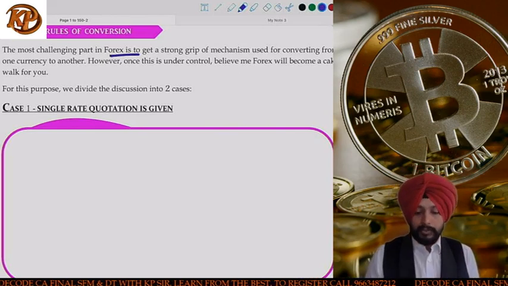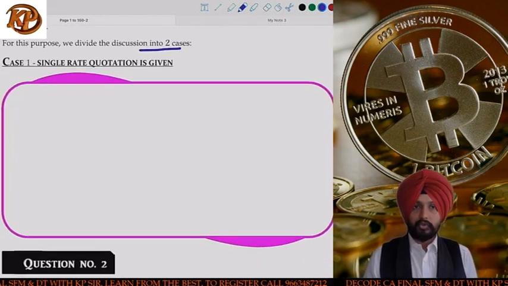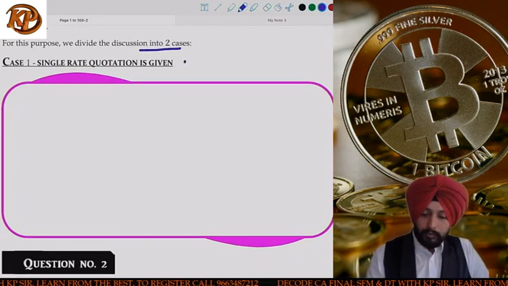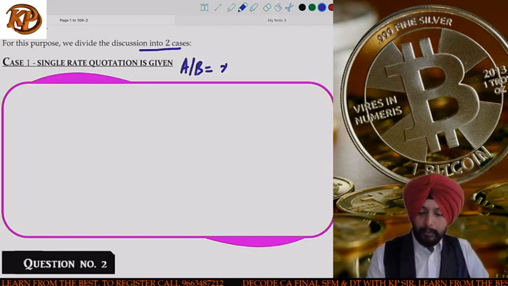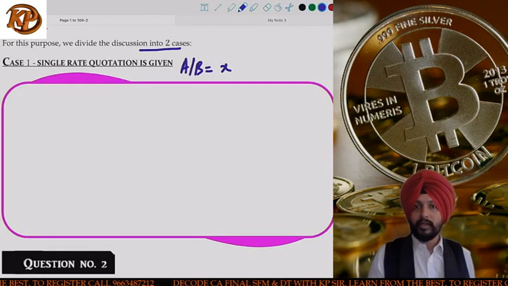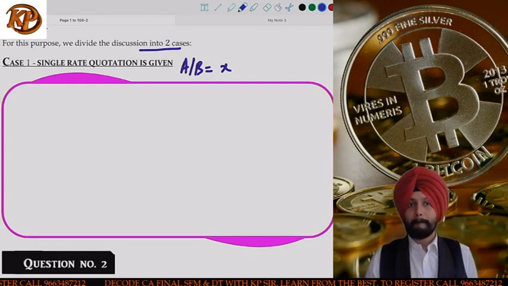For this purpose, we divide the discussion into two cases. Case 1 we are doing where only single quotation is given, like this: A oblique B is equal to X. One rate is given, not two rates, no bid ask rates, only one rate is given.